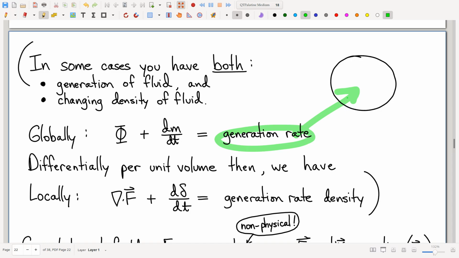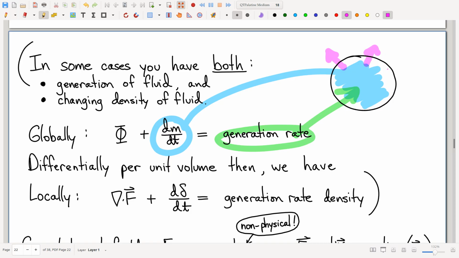Once fluid has been generated, it either stays in the region, in which case it contributes to how fast the quantity of fluid is accumulating in the region, or it doesn't stay, which means it would have to leave the region, which means it's going to contribute to the flux.